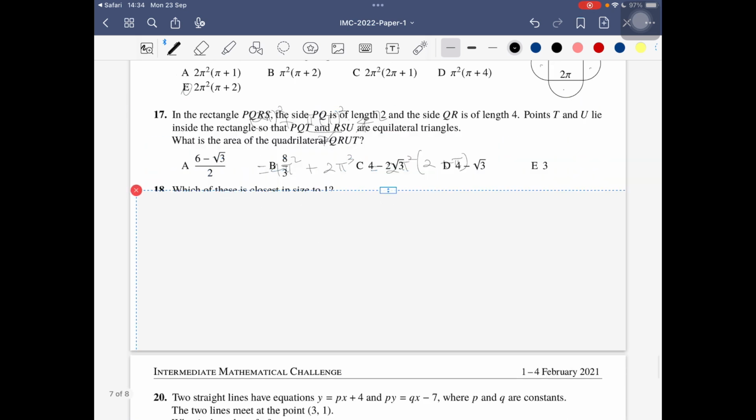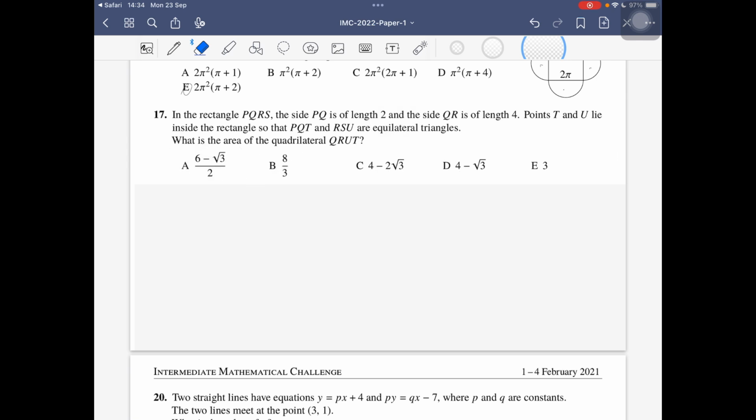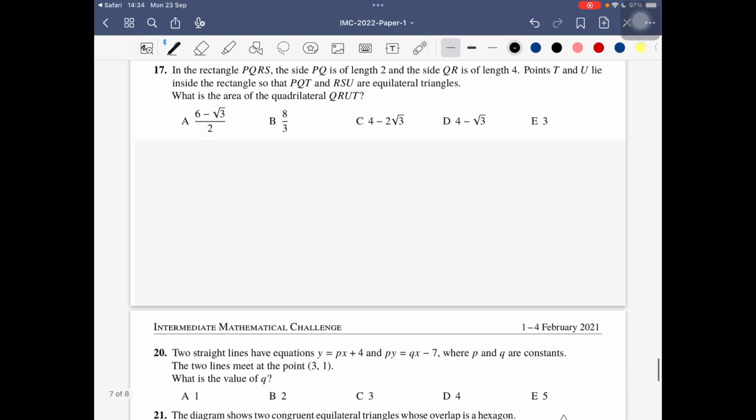And the next one, rectangle PQRS, side PQ of length 2, side QR of length 4. Let's draw any rectangle PQRS. So from P to Q to R is 4. T and U lie inside the rectangle.